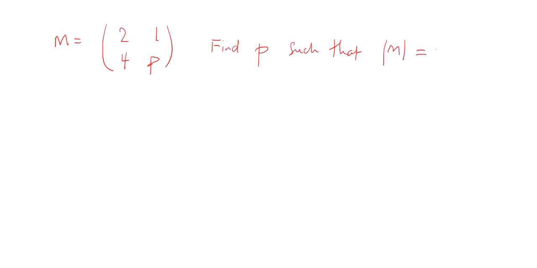So let's say we have a matrix M, and I tell you that the matrix is 2, 1, 4, and this is P. And they ask you, find P such that the determinant is equal to 0, or such that M is a singular matrix.